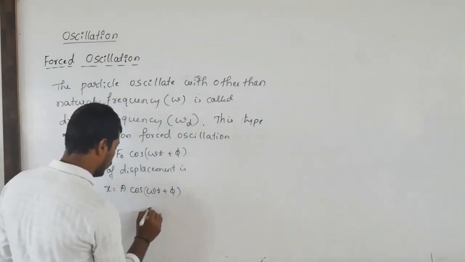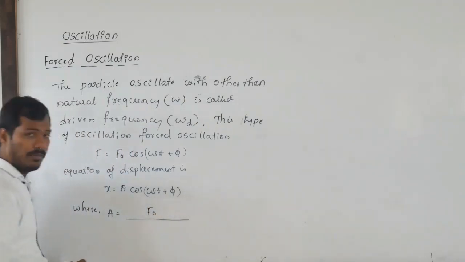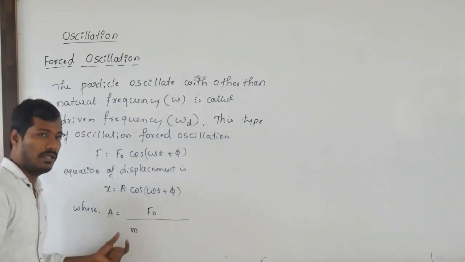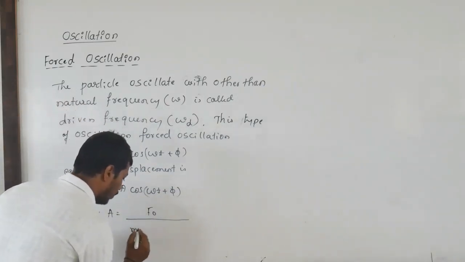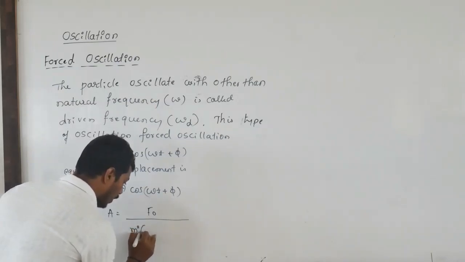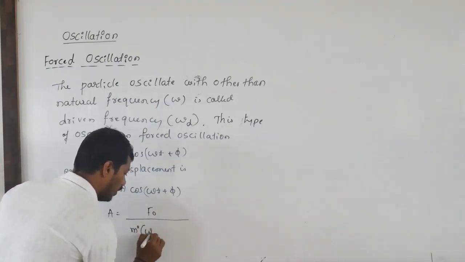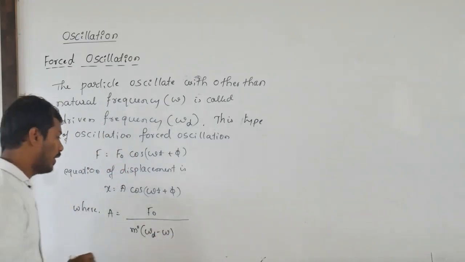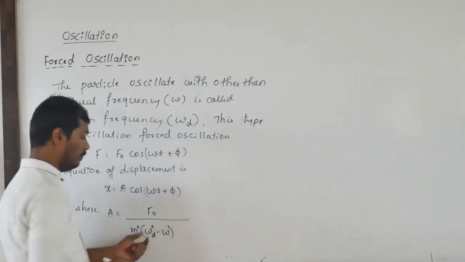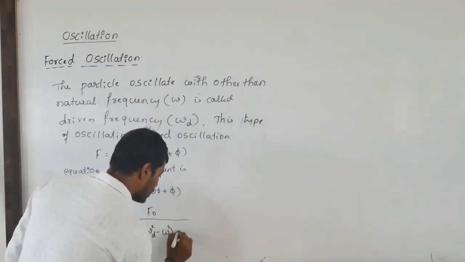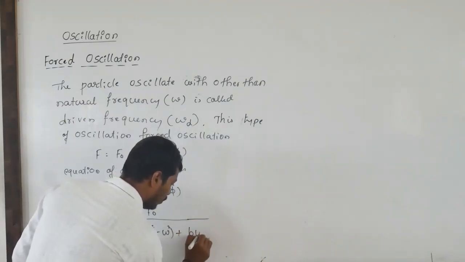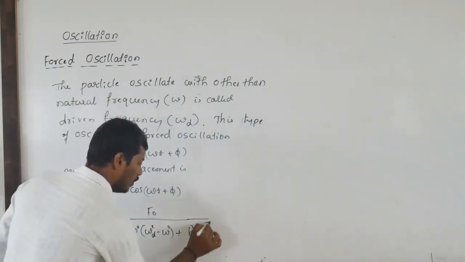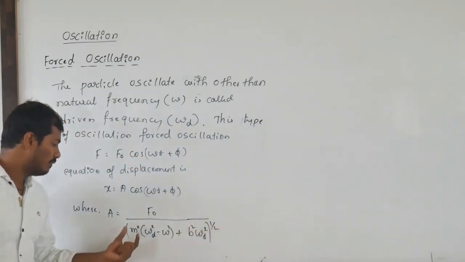A equals F naught divided by the square root of m squared into the bracket omega d squared minus omega squared, plus b squared into omega d squared, where m is the mass of the ball. This is the value of A.